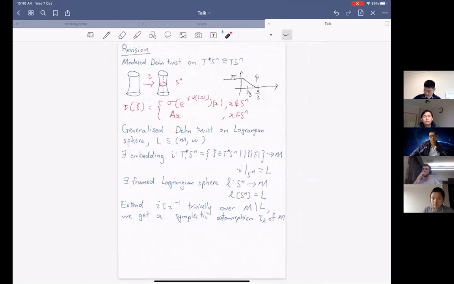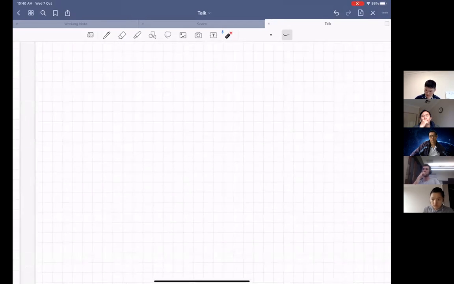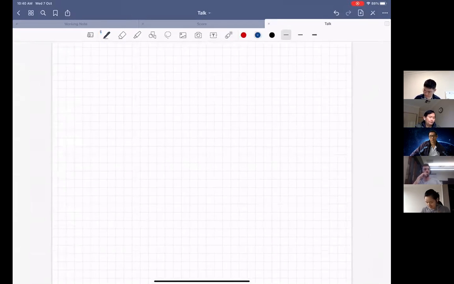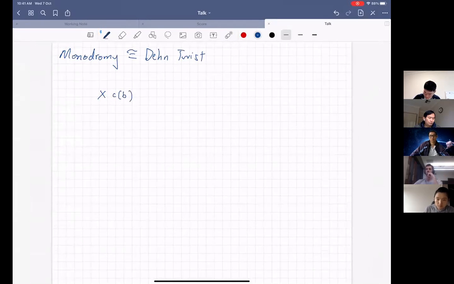Okay. Next, we also discussed one thing: monodromy in the symplectic manifold is equal to the Dehn twist. So what does this mean? Let's say the end point of your path, let's call it c, is the singularity, and you're starting from an arbitrary point in your manifold.